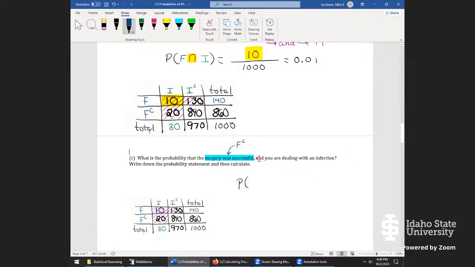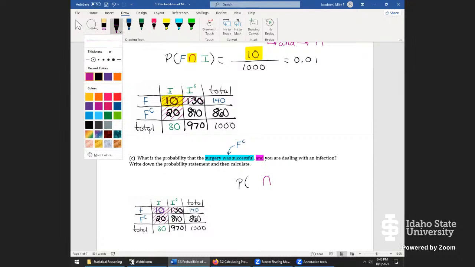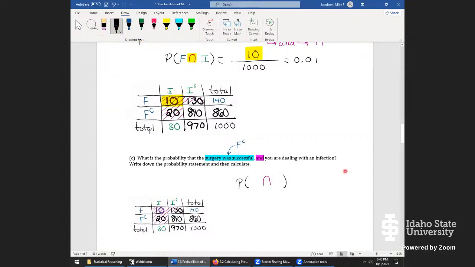Then it goes on, and I like that they literally said and right here. If they said and in that statement, we'll put an intersection in the middle between our two events. Then it says you are dealing with an infection. Let's double check. I means you're dealing with an infection.